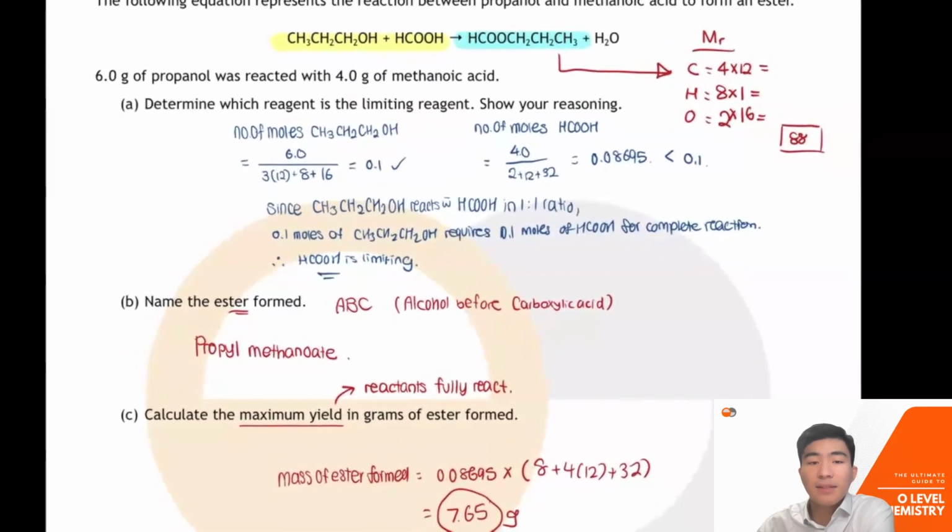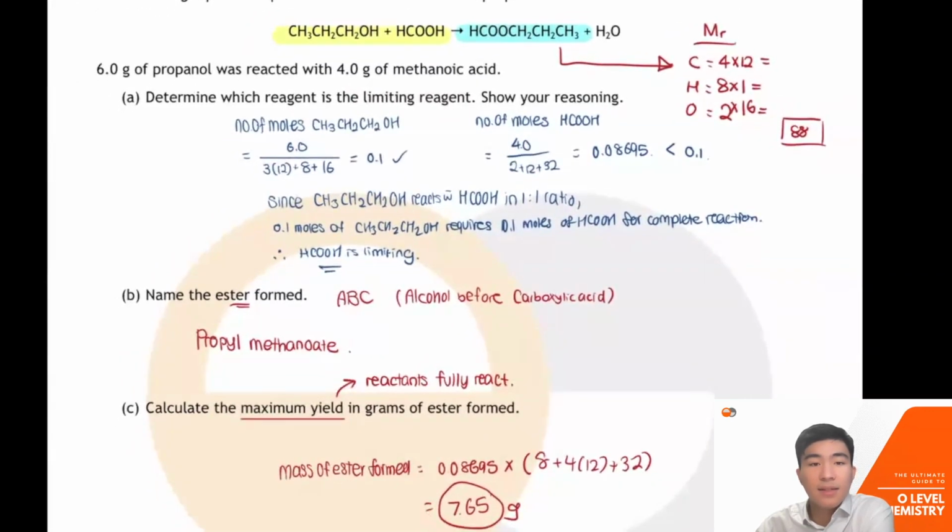Anybody have a different answer? If you understand this, can you give me a thumbs up so I know that we can go on already? Or those of us who cannot understand, can you type your question inside the chat? Everybody okay?